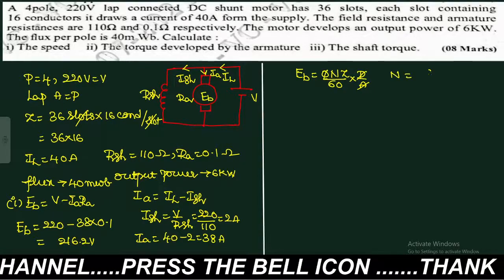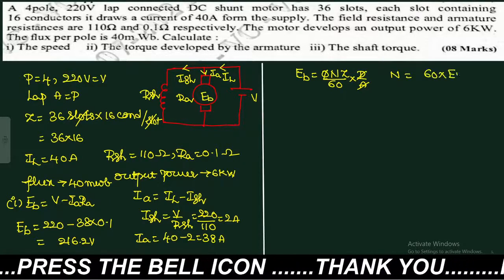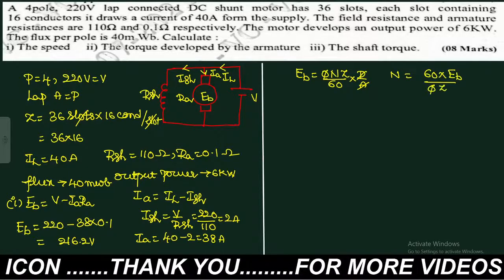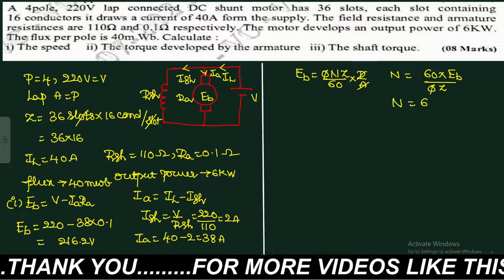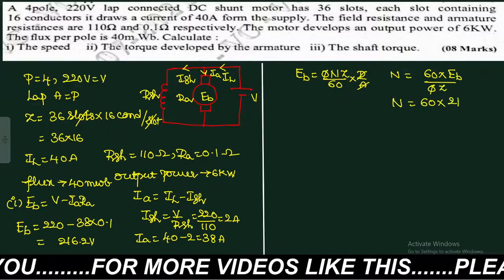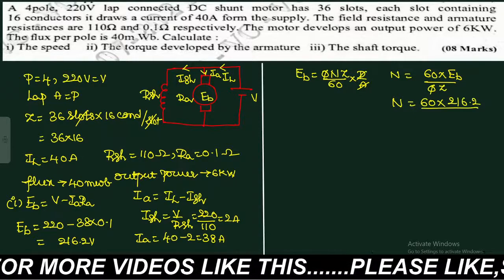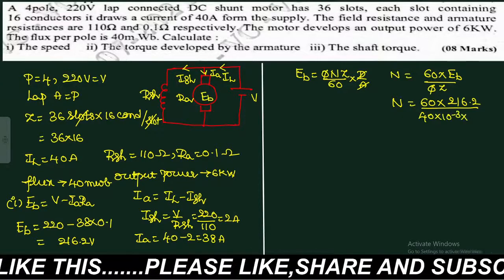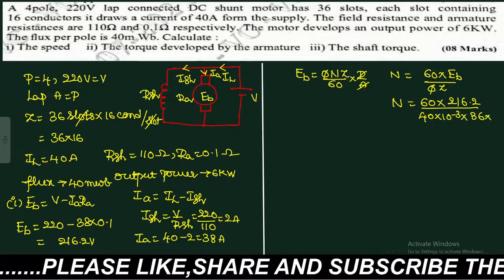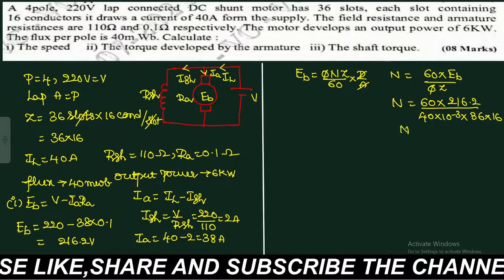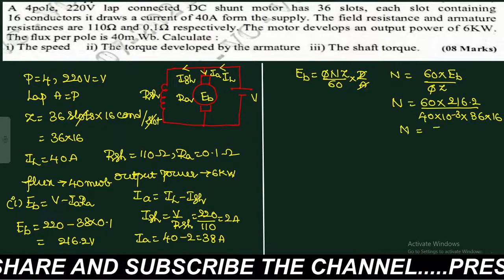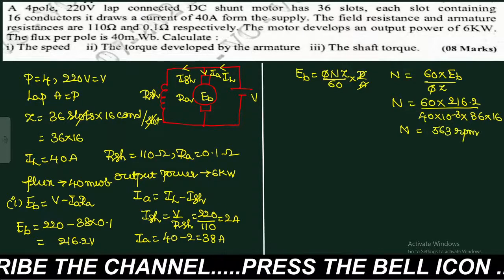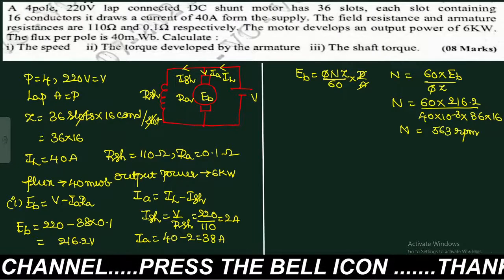So speed N is 60 into EB divided by phi Z. That is 60 into 216.2 divided by flux per pole 40 into 10 to the power of minus 3, and the number of conductors 36 into 16. If you do this, you will get the speed as 563 rpm, that is the speed at which the motor is rotating.